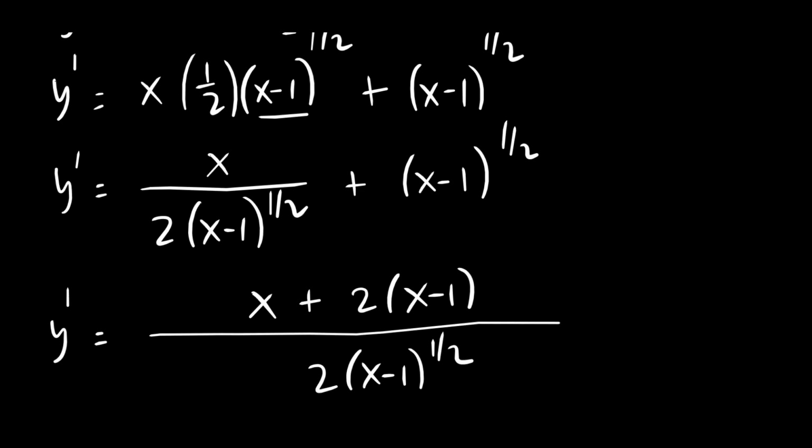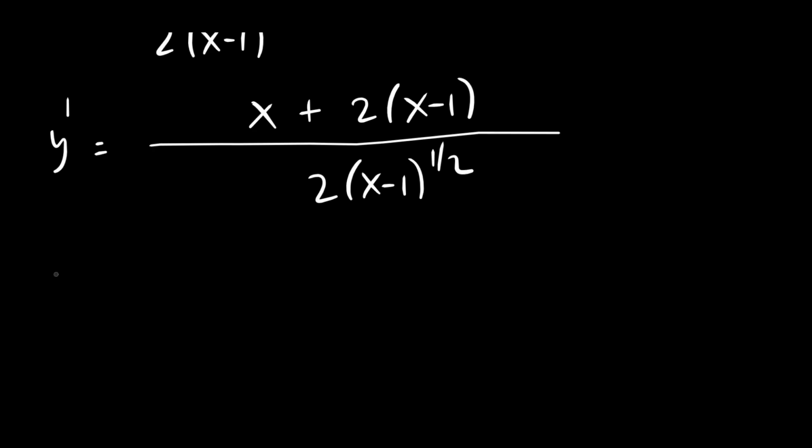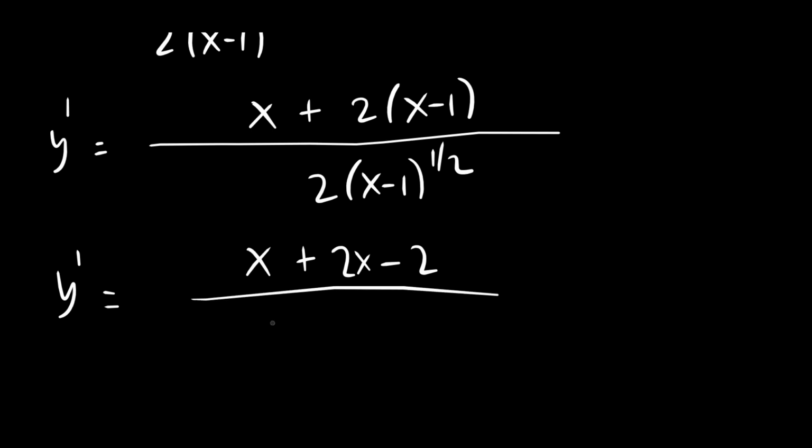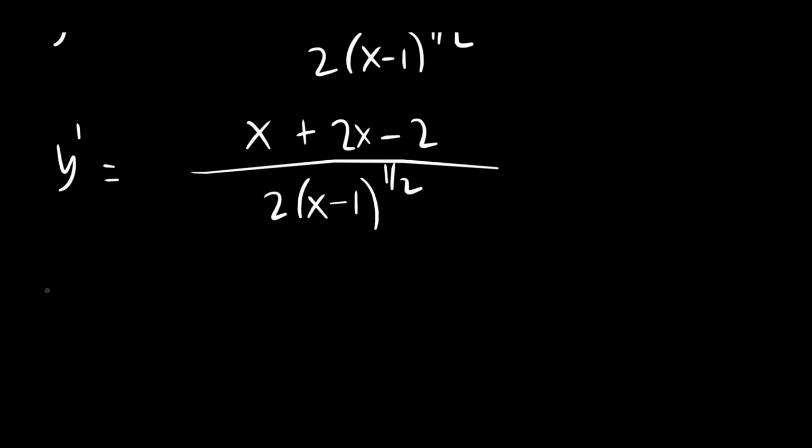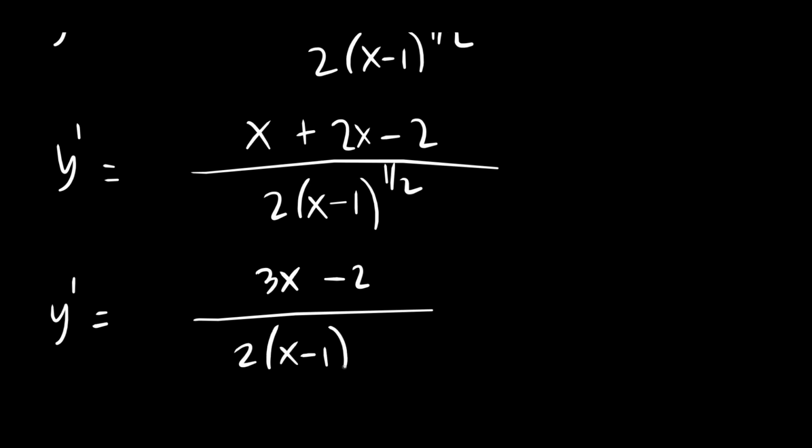So the 1 half exponent will be cancelled. So the remaining will be y prime is equal to x plus 2x minus 2 all over, just copy, so the remaining will be 3x minus 2 all over 2 multiplied by x minus 1 raised to the power of 1 half.